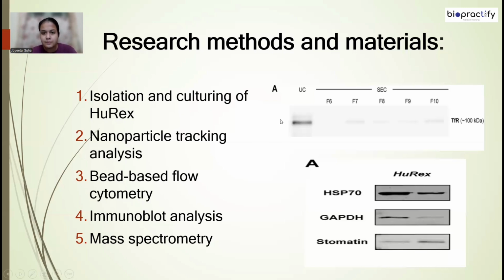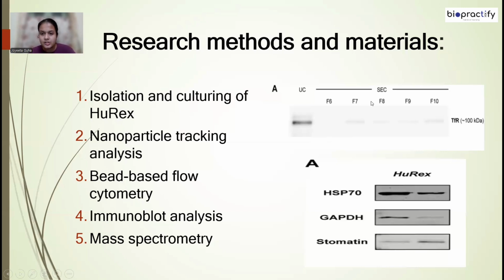Here, one picture is given, you can see. This is basically an immunoblot analysis where they have identified the TFR protein. The protein is TFR, which is identified by the bead-based flow cytometry. This is also immunoblot analysis, which has identified proteins present in the exosomes.